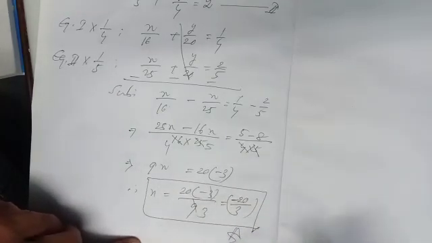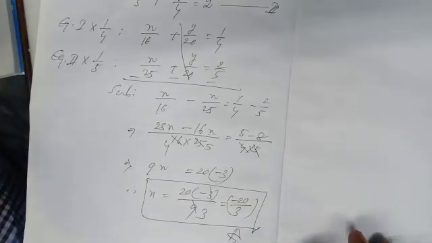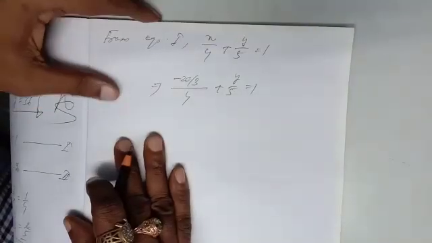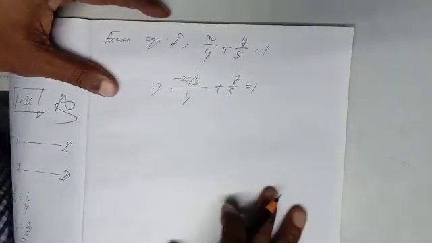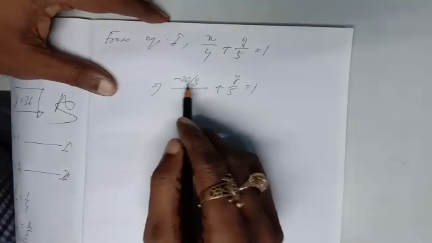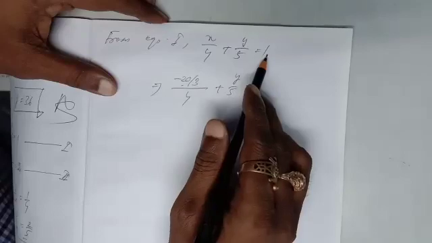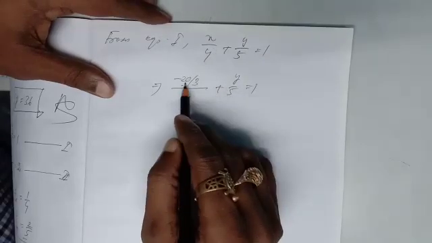Okay. Next we have to find the value of y. Putting the value of x, minus 20 by 3, in equation 1. Just see, we are taking equation 1 and putting the value of x, minus 20 by 3. X by 4 plus y by 5 is equal to 1. What is the value of x you got? Minus 20 by 3.